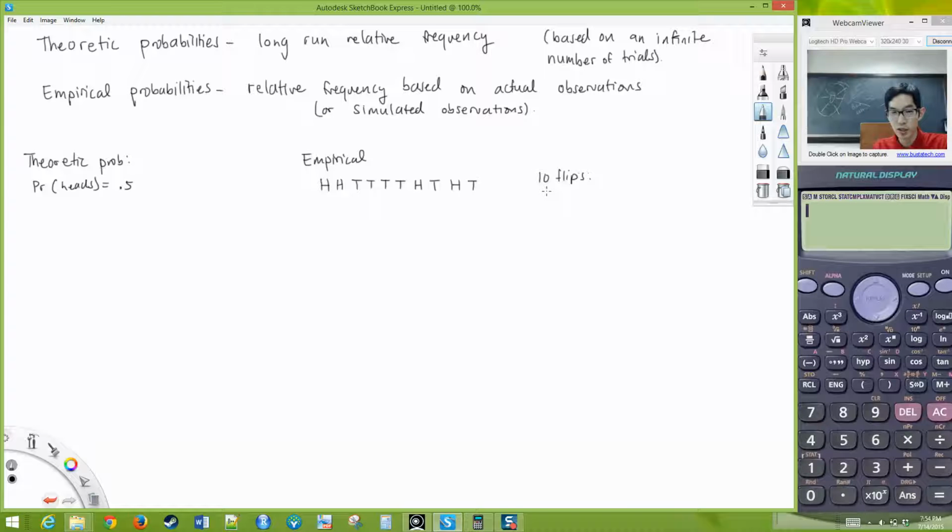And how many heads do I have? I have 4 heads. So my empirical probability is my relative frequency based on actual observations. So my relative frequency would be 4 out of 10 or 0.4.